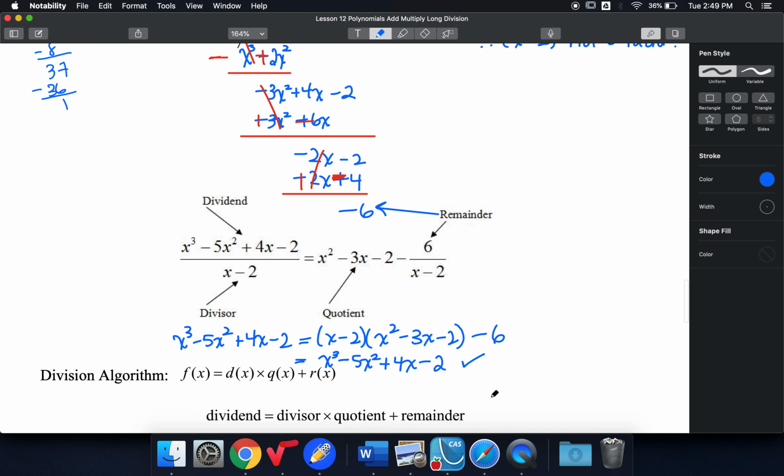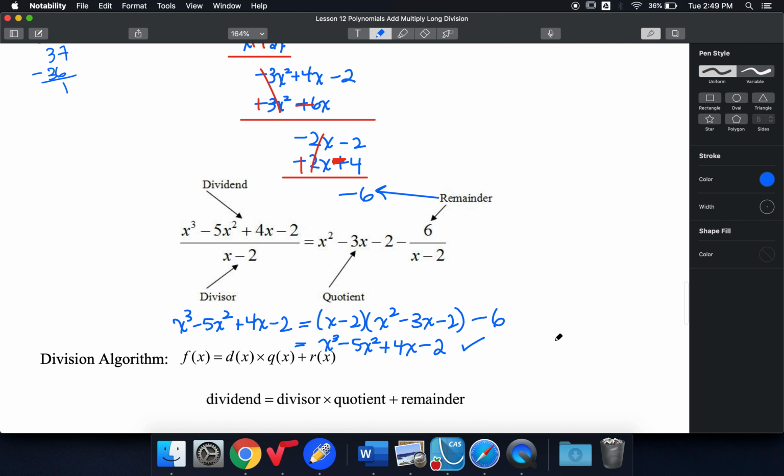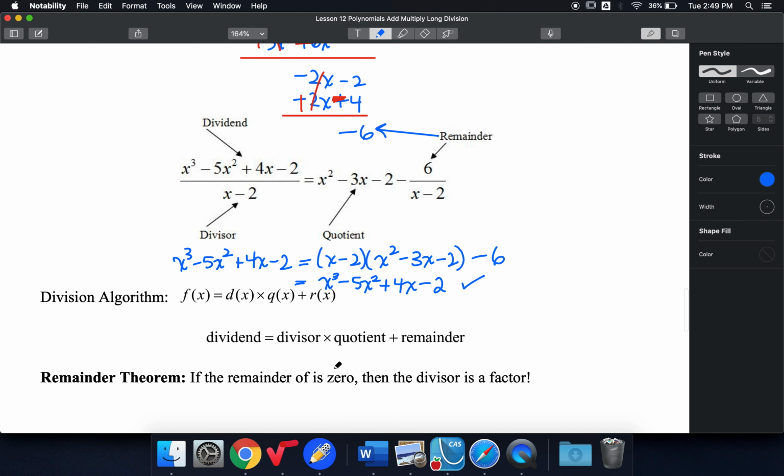So it checks. So this is my division algorithm, that f of x equals divisor times quotient plus remainder, or f of x divided by d of x is equal to quotient plus remainder over divisor. This is like my 117 over 4 equals 29 plus 1/4.